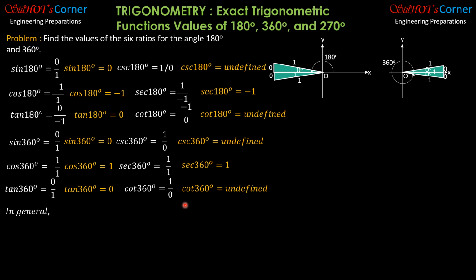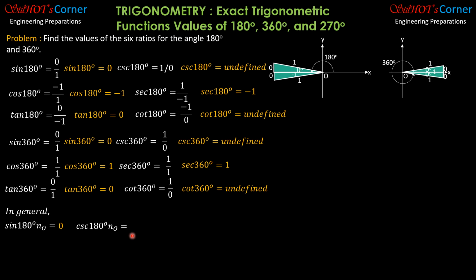So in general, let's generalize this. N sub O is an odd integer. So sine of 180 degrees N sub O is equal to 0 because it lies here. Cosecant is undefined.